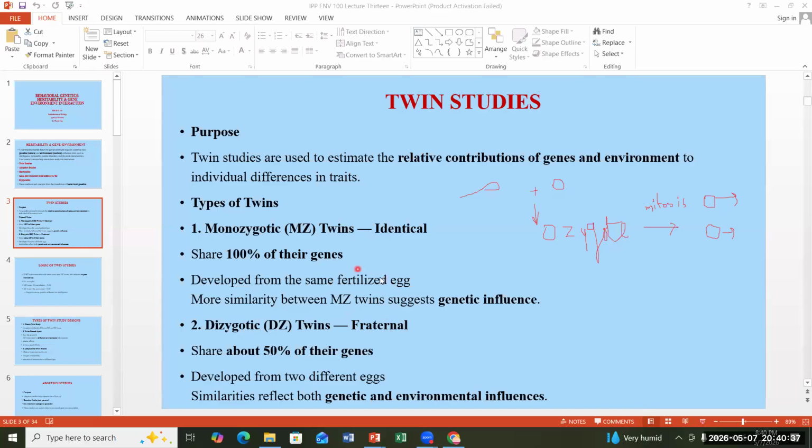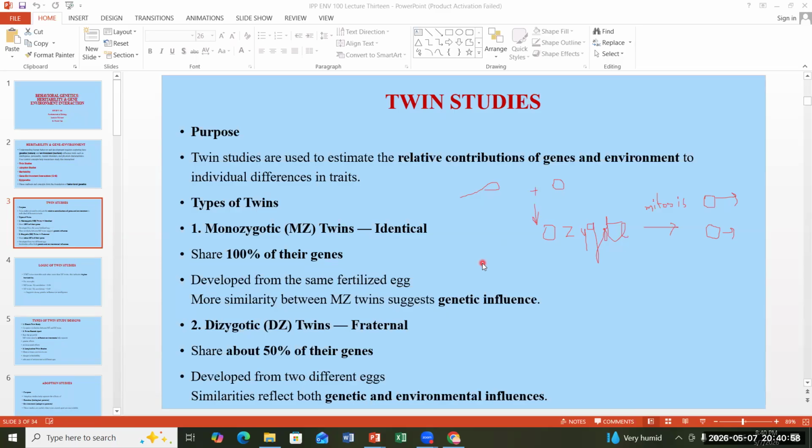More similarity is expected between monozygotic twins, and it suggests the genetic influence on an individual. For example, if we are doing any case studies and we consider the subject as monozygotic twins and we expose them to a different environment, right?